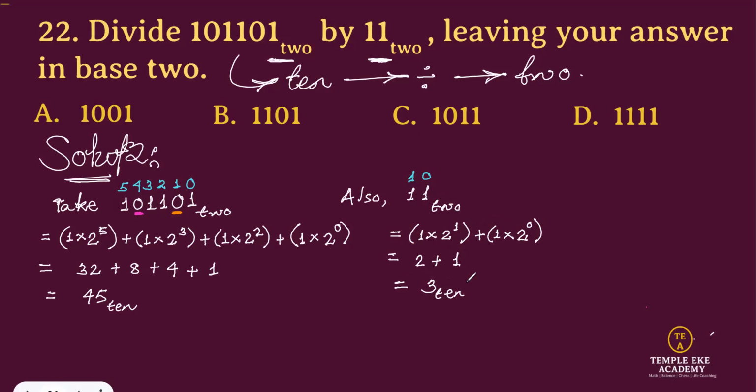Now the division can easily be done. 101101, as given in the original problem, divided, of course, in base 2, by 11 in base 2, gives our converted values: 45 in base 10 divided by 3 in base 10, which gives us 15, a perfect division. 15 in base 10.